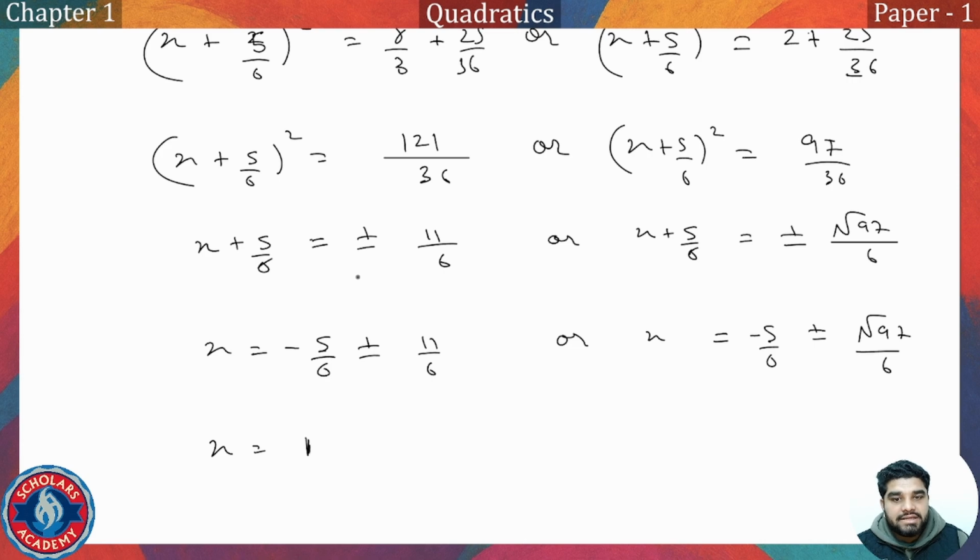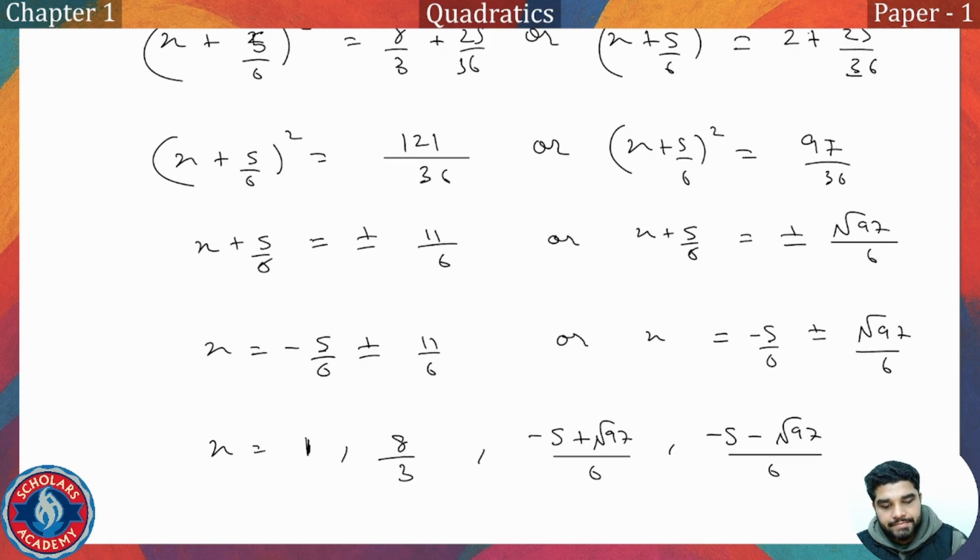Subtracting, it is −11 − 5 = −16/6, that is −8/3. For the other, we need not simplify; we get two values: (−5 + √97)/6 or (−5 − √97)/6. So these are the four answers. I hope it is clear.